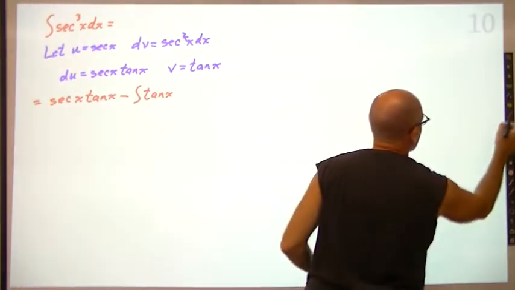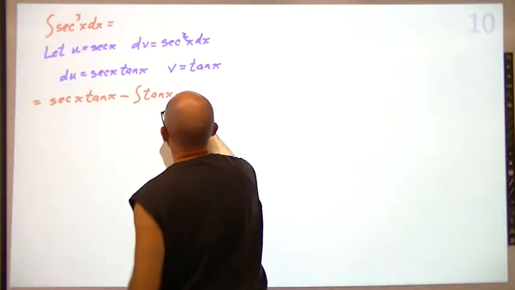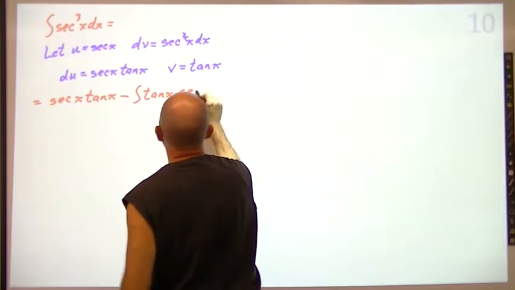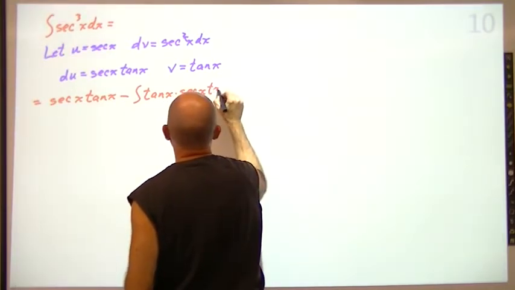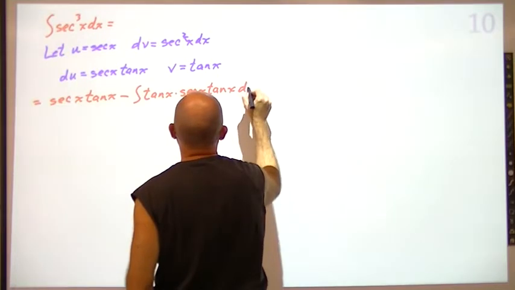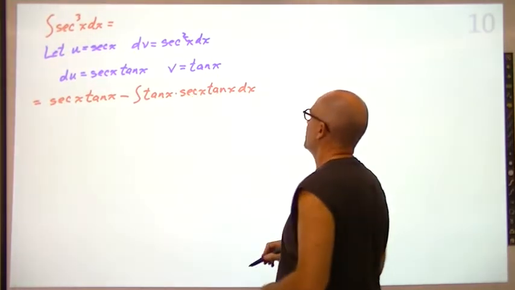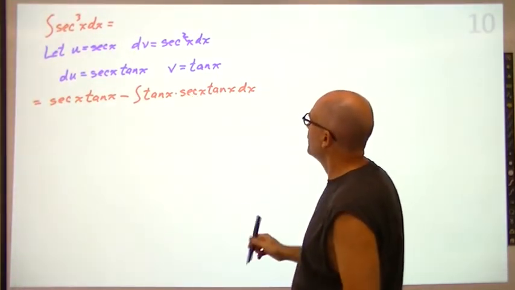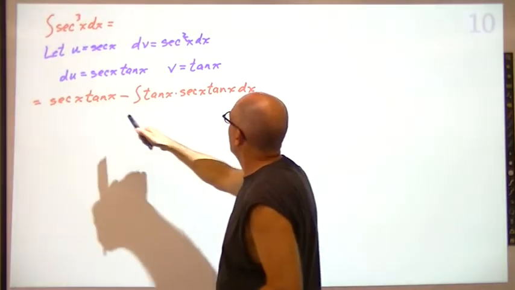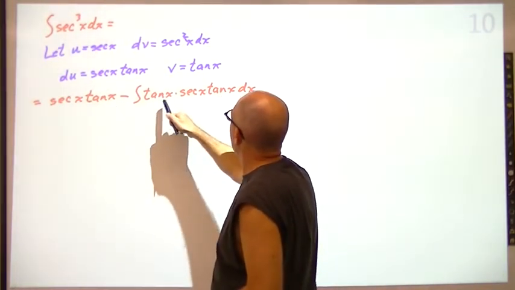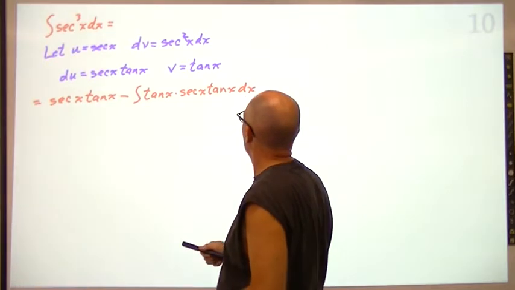Let's just leave it like this. Tangent times secant tangent. Okay, so this is uv minus the integral of v du.